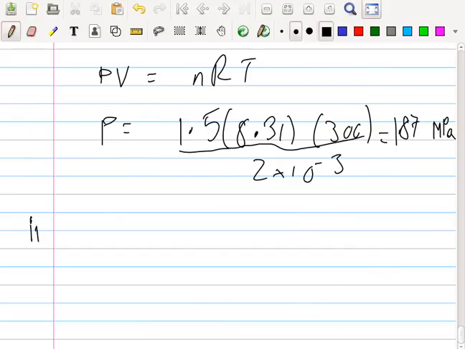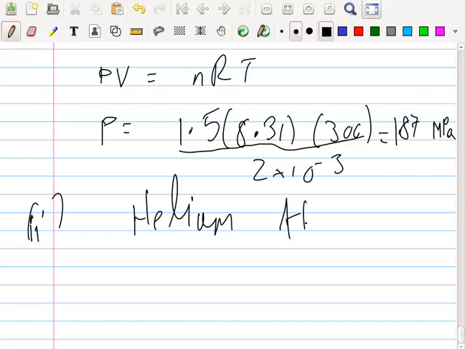Part 2. How many helium atoms are in the cylinder? Now, we have to use the fact that we know how many moles there are. How many moles are there? 1.5 moles. We'll get to Avogadro in a moment.